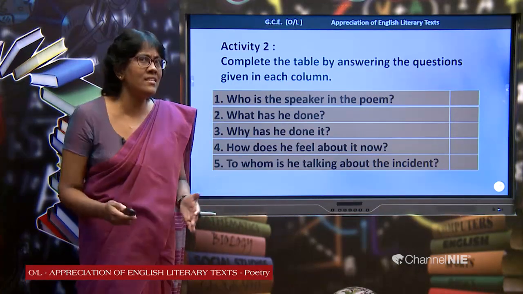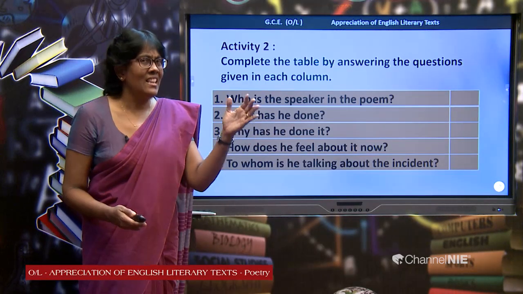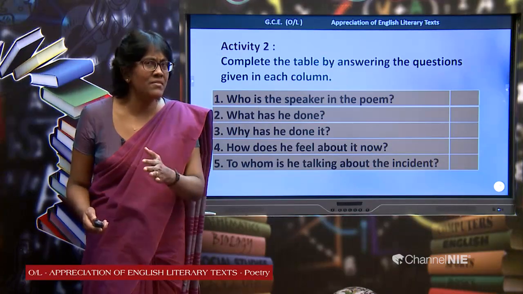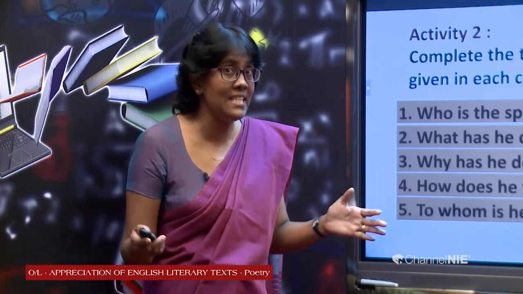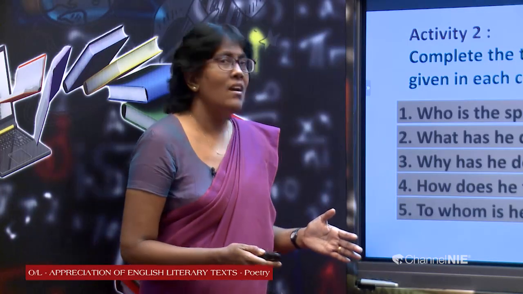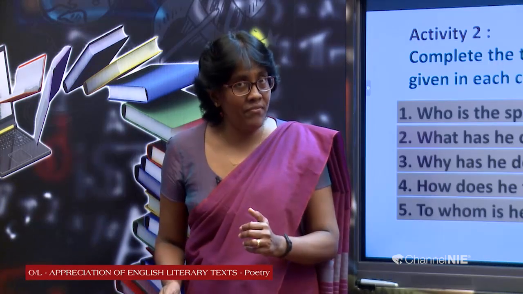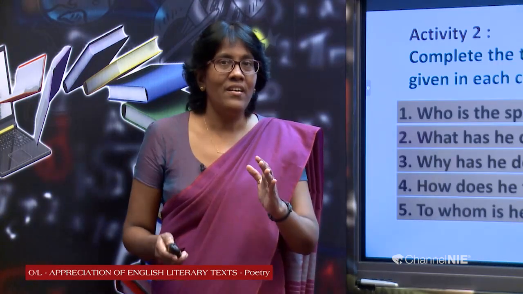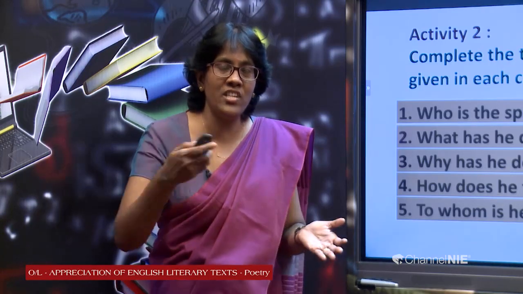Why has he done it? The speaker speaks about love. A conflict of love. We will discuss in detail. How does he feel about it now? Because of this love, it has made them foolish. Not a pure love, not a genuine love.